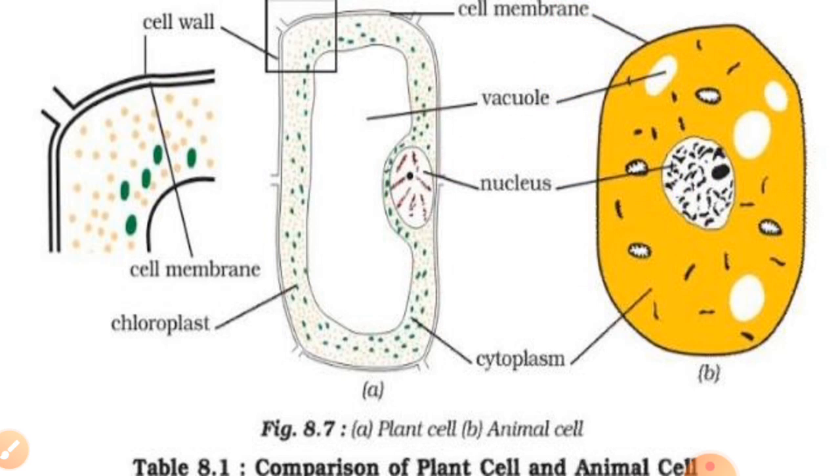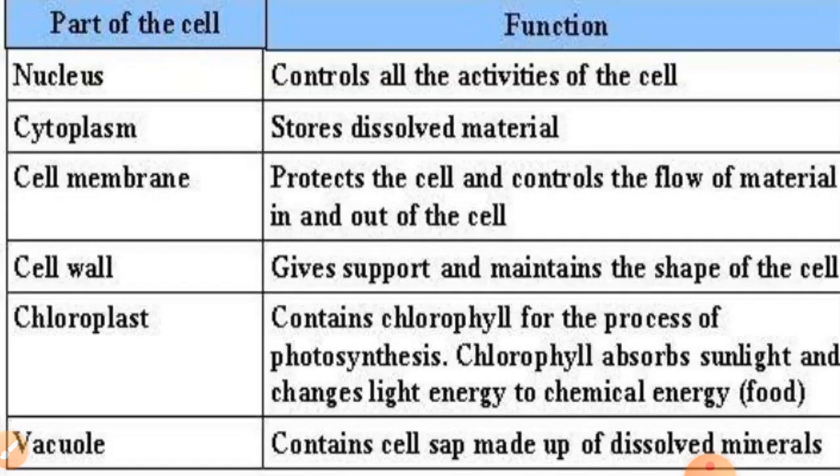You can see it allows only certain selected substances to enter or leave the cell. It allows only some substances to enter the cell. Okay, and the cell membrane separates cells from one another and also from the surrounding medium. Okay, but what is the function?